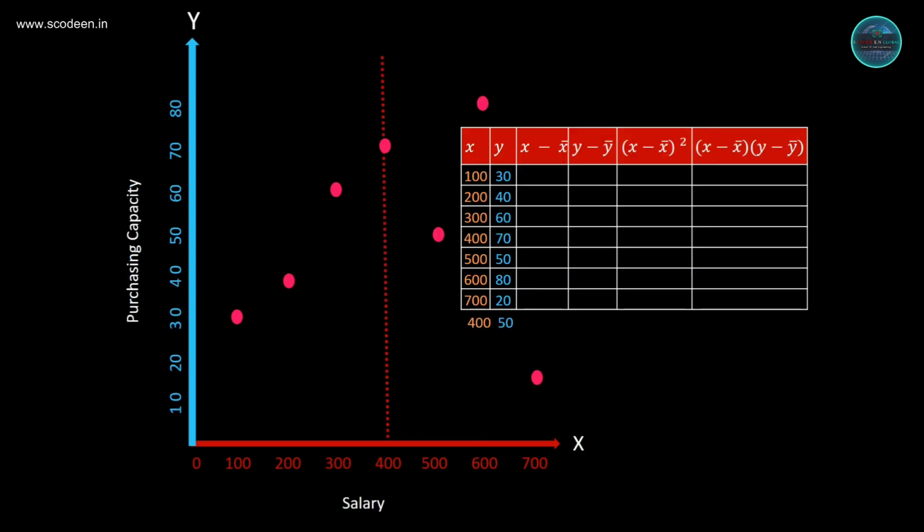Let's analyze the error in the x-axis here. The estimated point, that is your mean value, is 400, and the various observations are the actual points. So actual minus estimated value on the x-axis is the error in the x-axis.